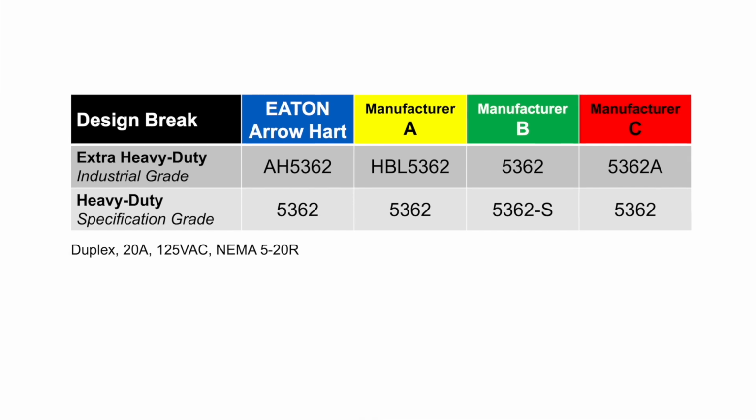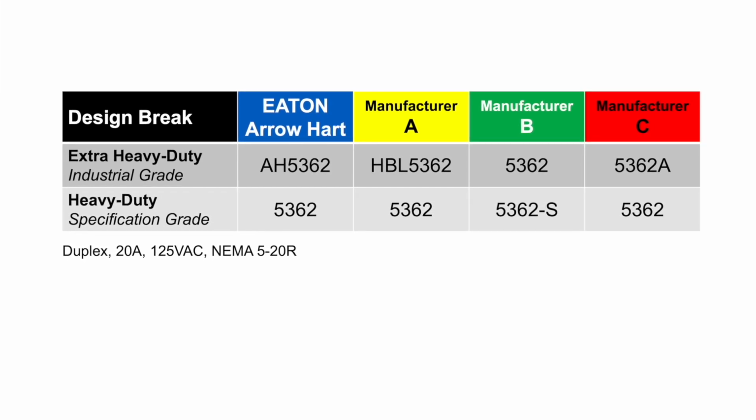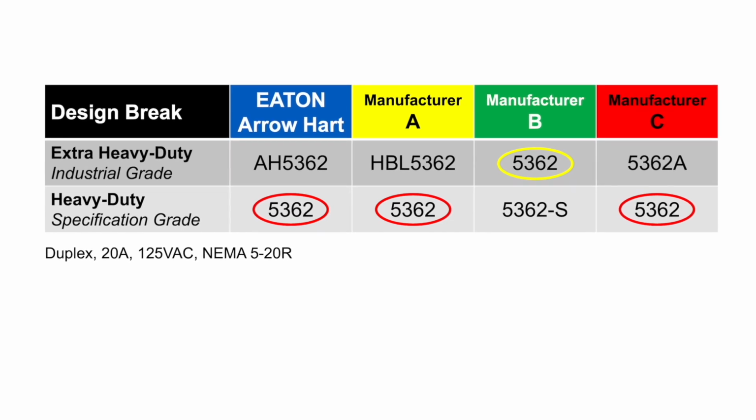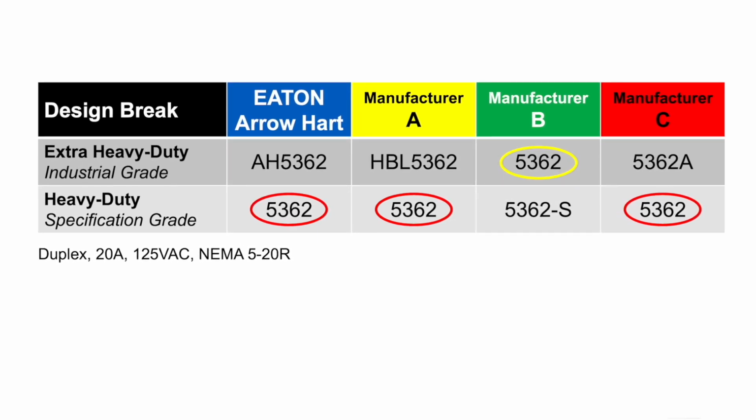By the way, all the manufacturers considered here produce a quality product, and it's not our intent to disparage any one of them. We only want to show how a subtle change in a catalog number has a major effect on the receptacle construction. Let's first look at industrial and spec grades. Note how the heavy-duty catalog numbers are identical for 3 manufacturers, but this same number is used for the higher grade of another.